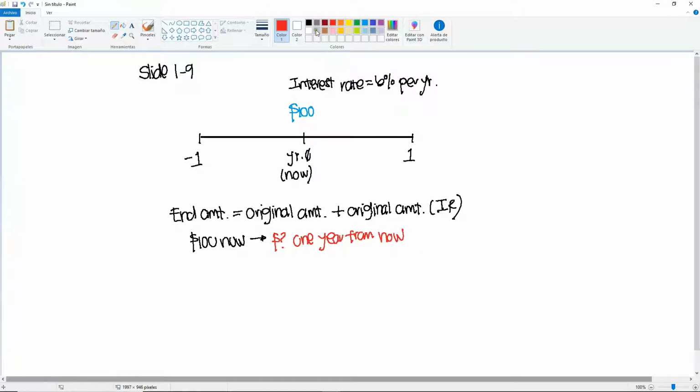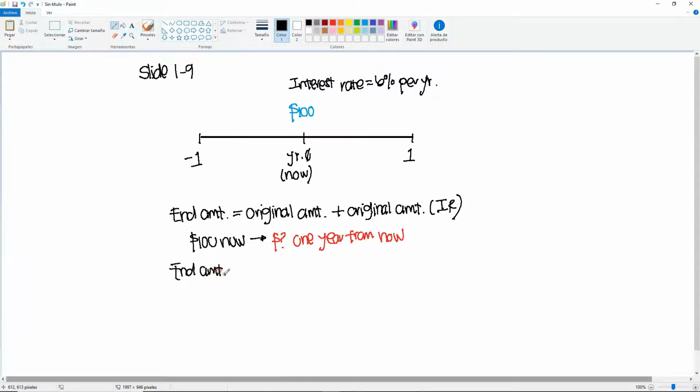Okay. And how do we do that? Well, if you look at the diagram, you're gonna see that year 0 is now, and 1 year after, that means that you're looking for an amount in the future. So we are in fact looking for the end amount. So let's plug in the values into the formula.